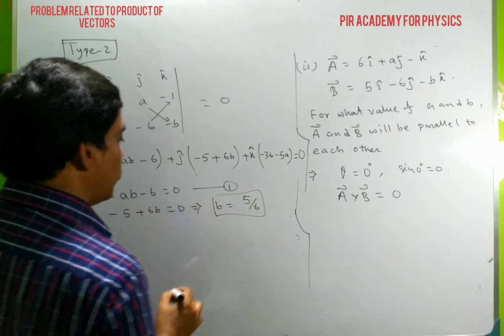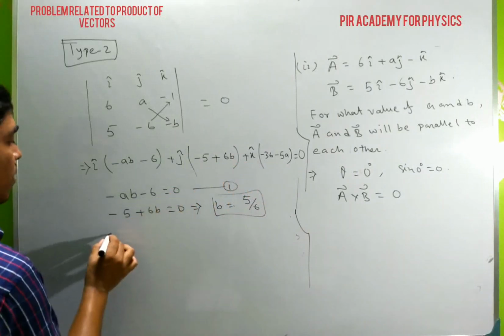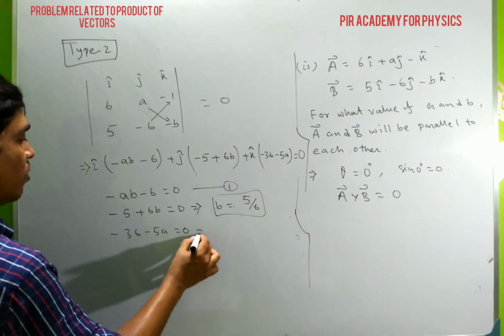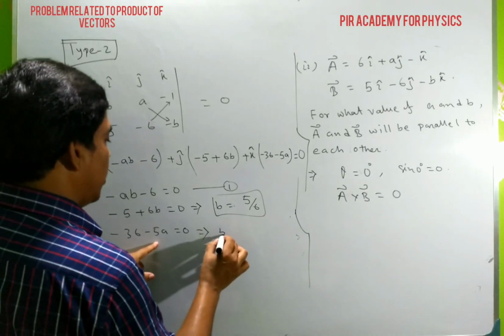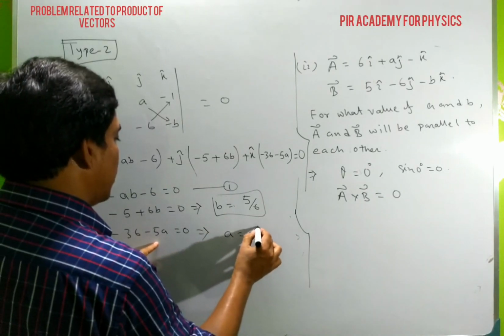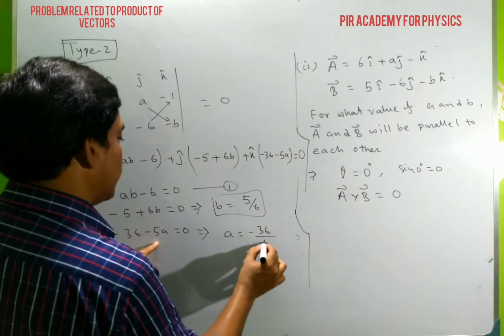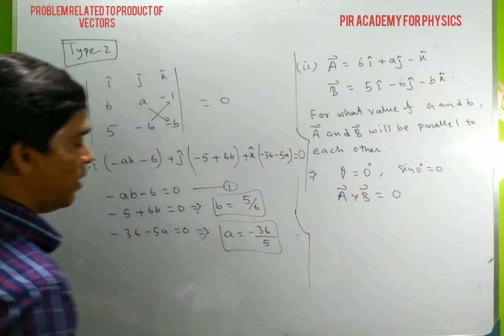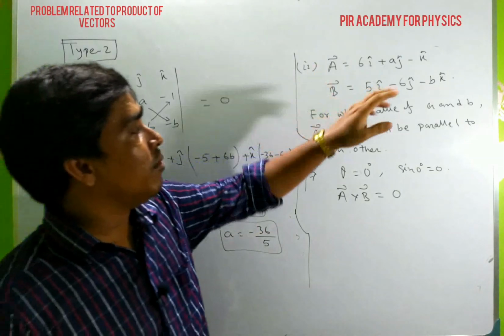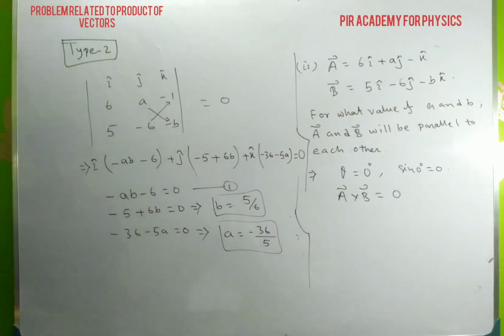This is the value of b. And here minus 36 minus 5a equals to 0. This implies a equals to minus 36 by 5. This is the value of a. For these two values a and b, these two vectors will be parallel to each other.